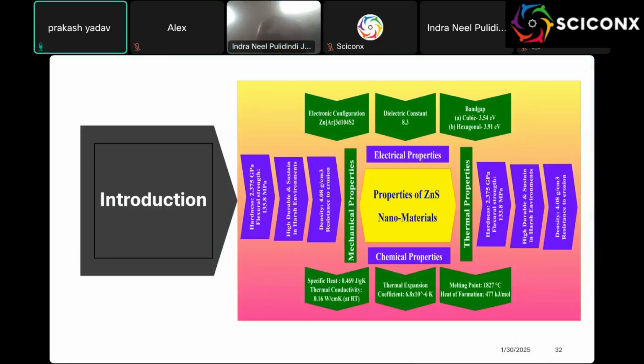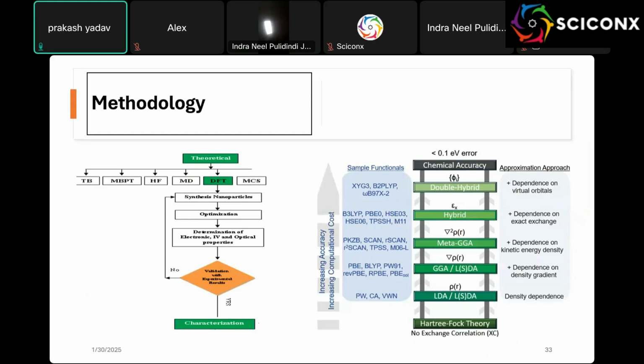I use the ZnS nanomaterial because it has a high dielectric constant and a wide band gap structure, and it is very suitable to detect these particular gases. This is the methodology to detect chloropicrin and phosgene.